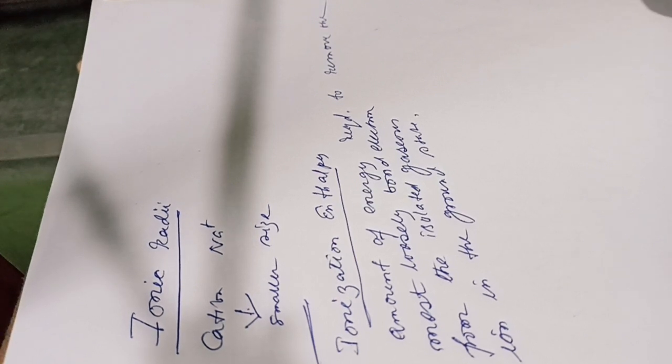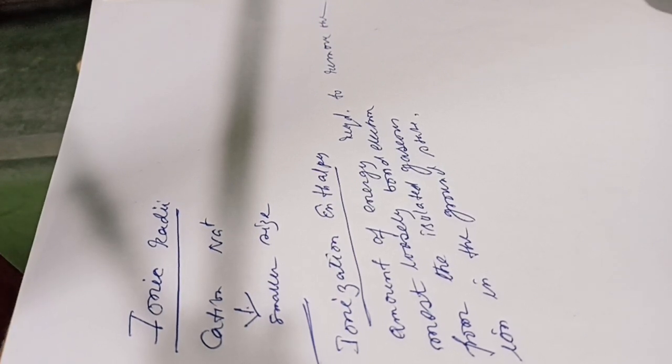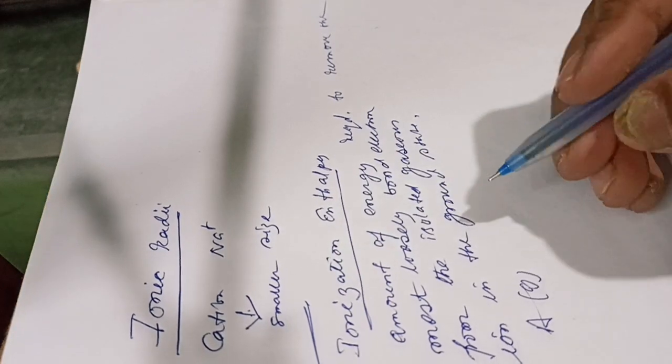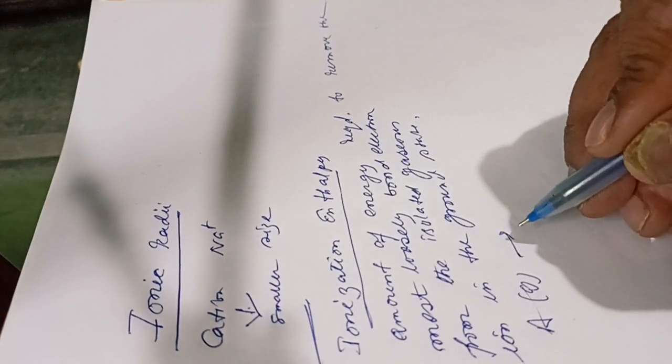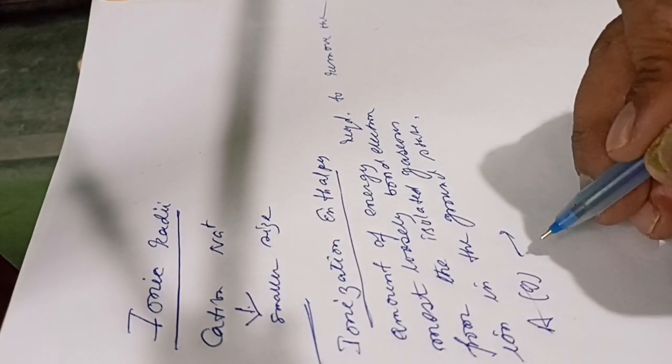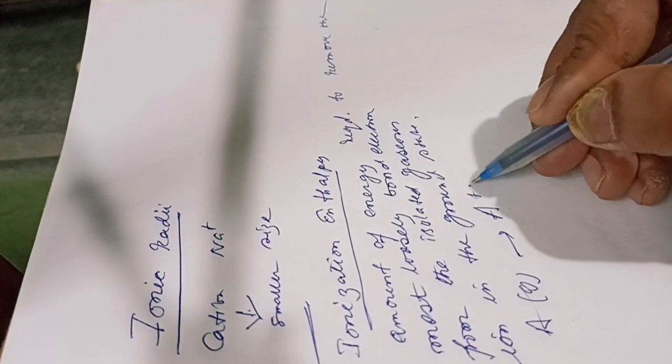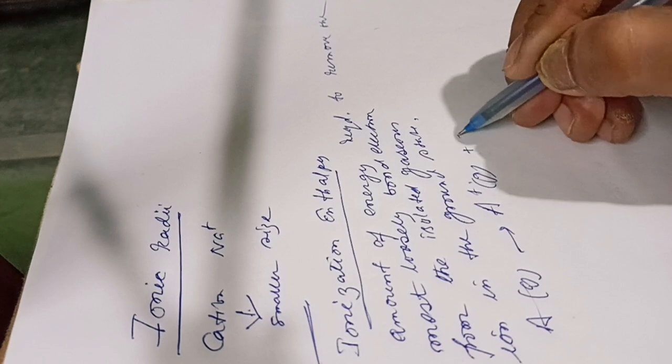As for example, A(g), this is a gas. Here the electron is released and it forms A plus (g) plus an electron.